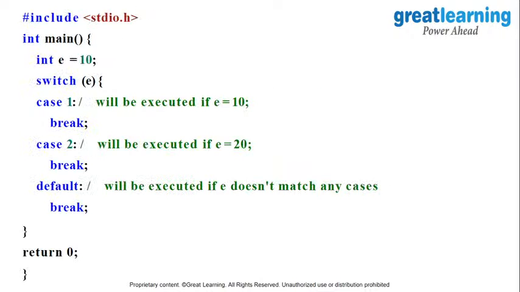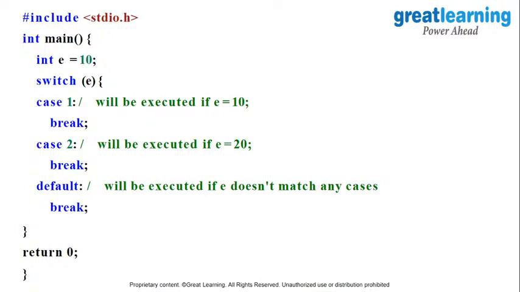Now let's see a simple switch case statement. You see int e equal to 10, then we have a switch e, then case 1, case 2, and then default. Case 1 will be executed if e is equal to 1, and if e is equal to 20, then the second case, case 2, will be executed.